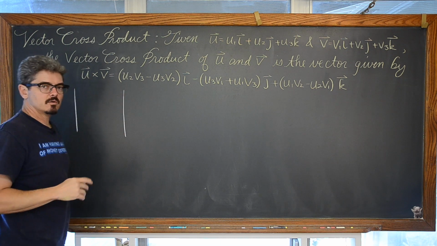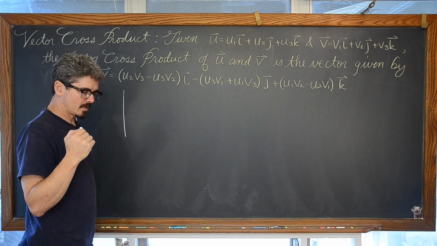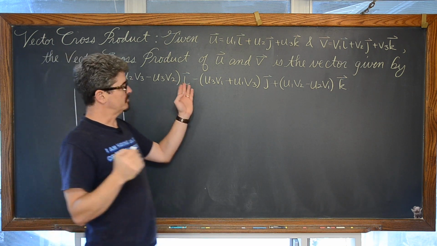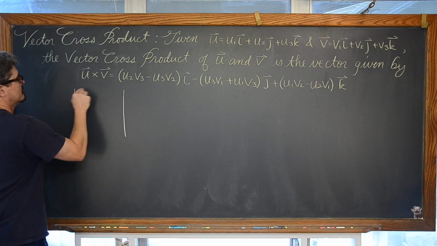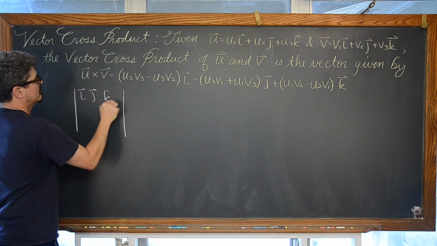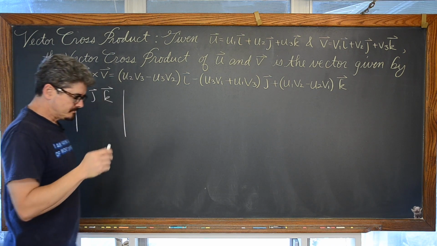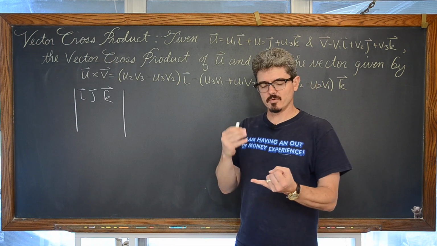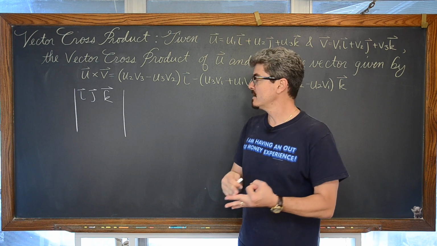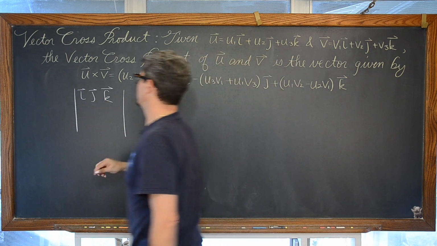Identify your first row as your component vectors of i, j, and k. And then in the second row, you're going to put the components along the x, y, and z axis for vector u.